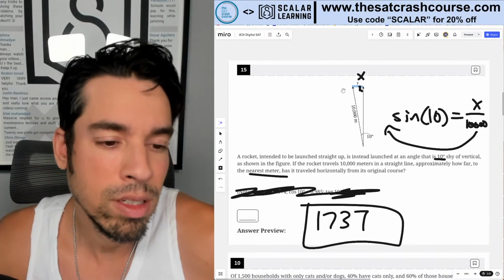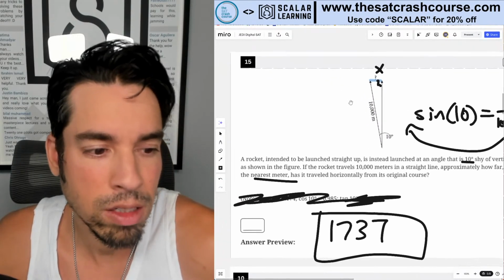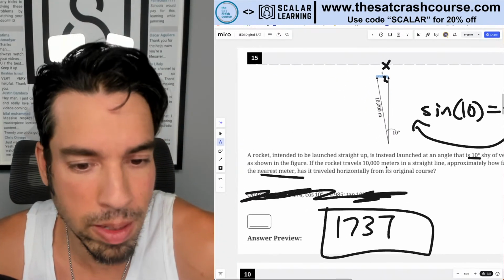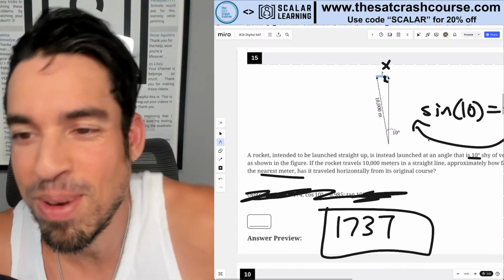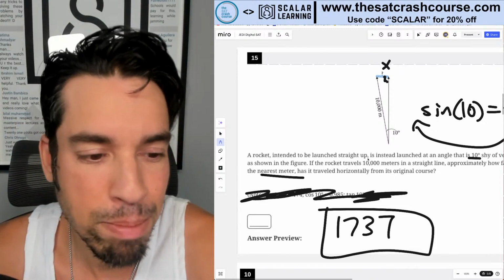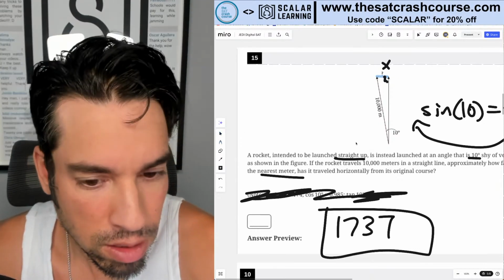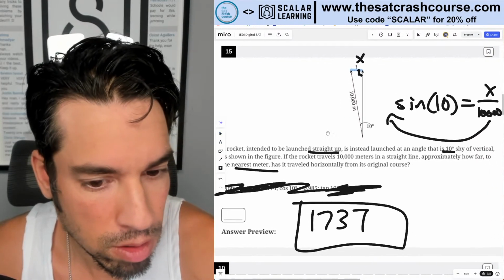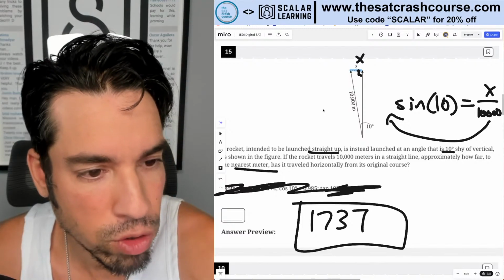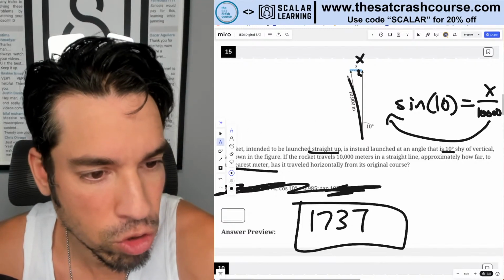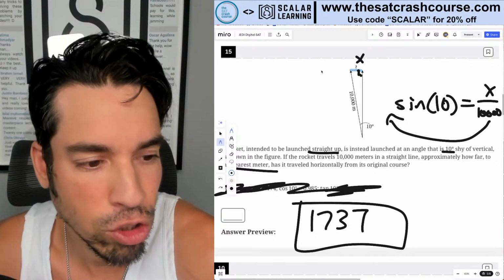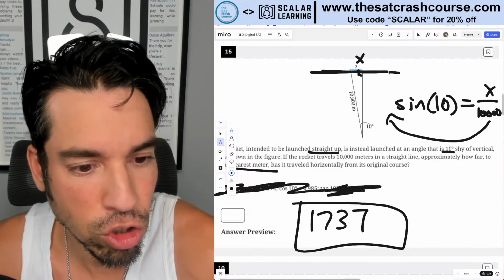Yeah, I would say this question, to be honest, is a little flawed. Now, I can assume it has to be a right angle, otherwise the question is impossible to solve. But it says it's going straight up, and then it's saying that the rocket travels in a, well, no, that part's a straight line. I guess I'm just kind of assuming because we're looking at this like straight across, right?